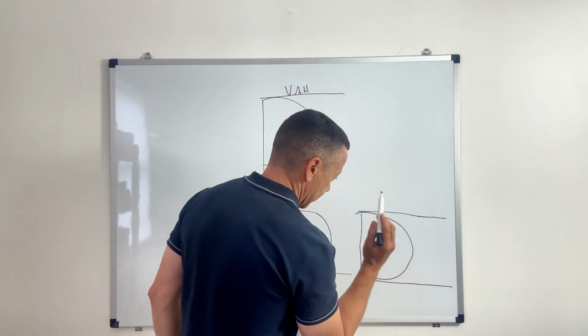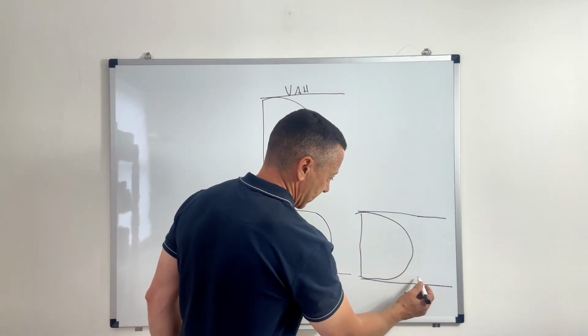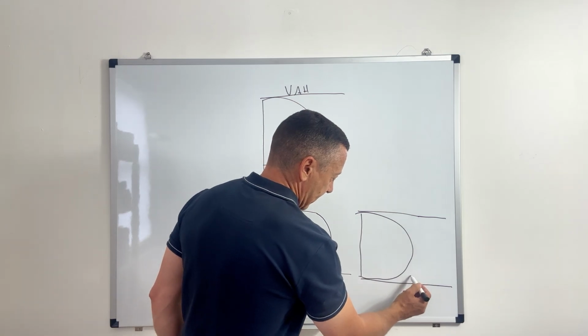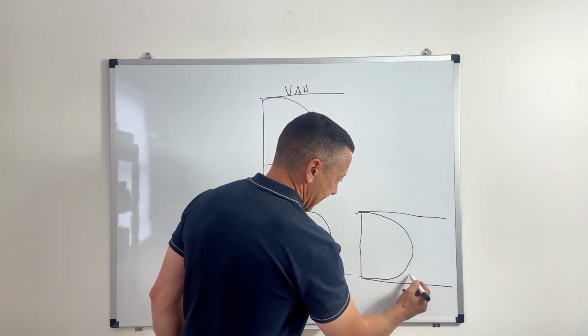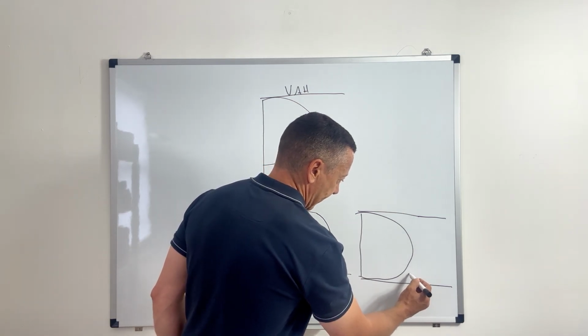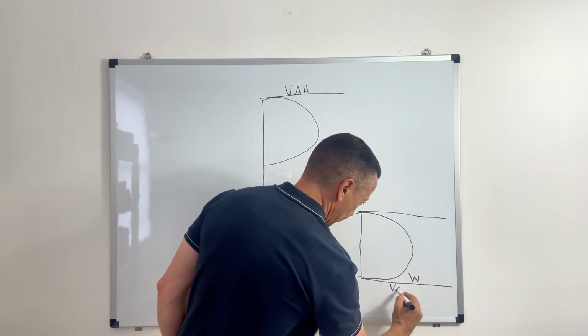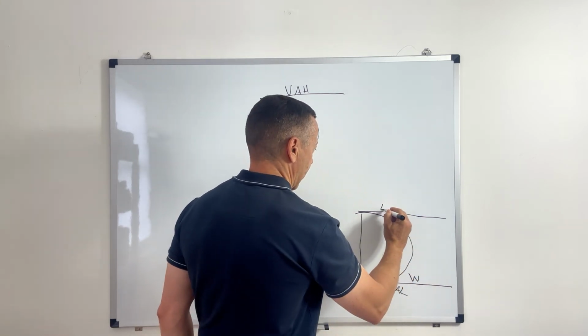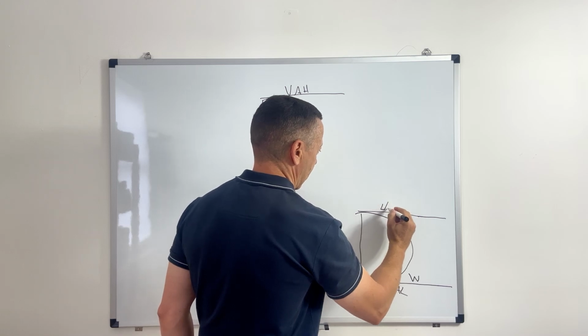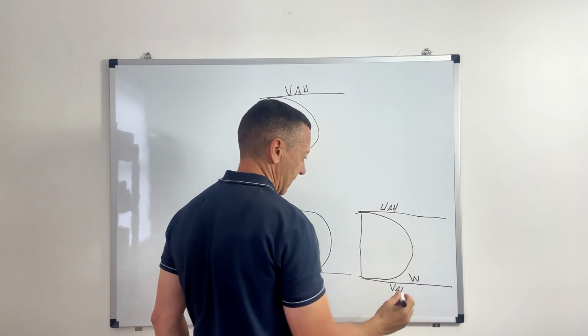So let's say, for instance, price opens up inside a previous day value area. Put down here the value area low, value area high.